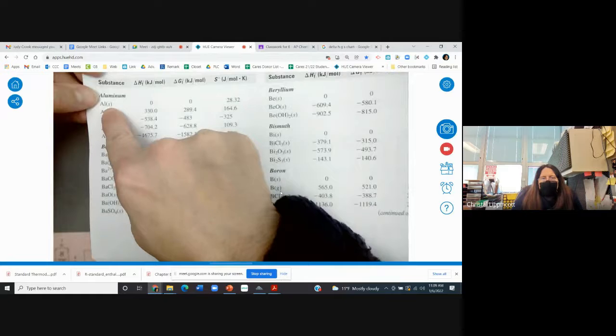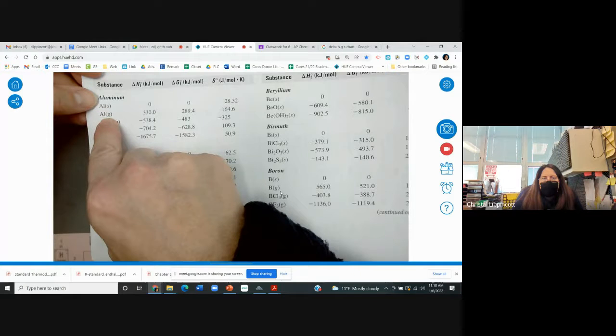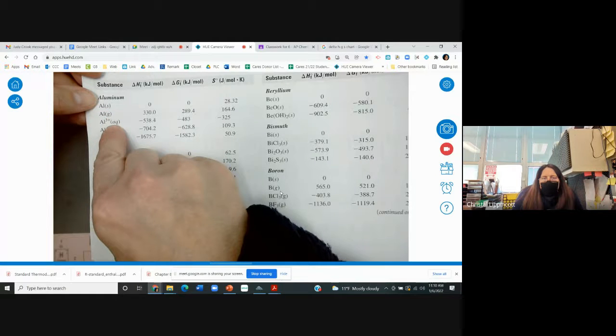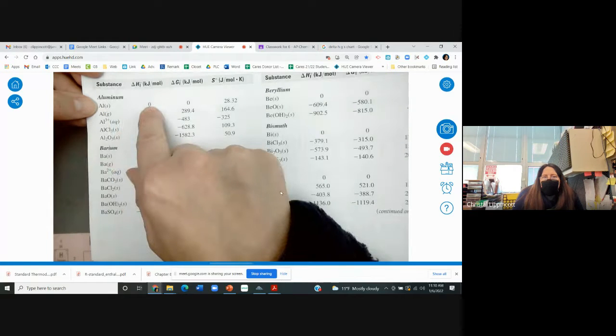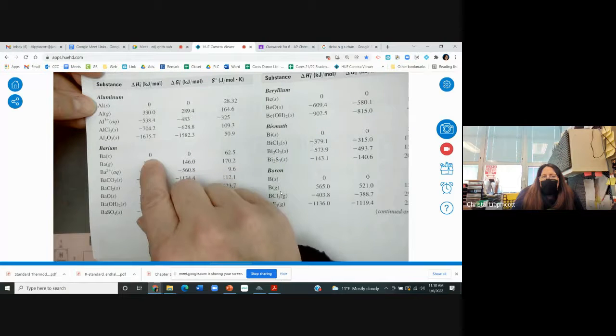Like I said, you will have situations where you have different states of matter and sometimes aqueous, okay? If it is a solid and the single element, its enthalpy is always 0.